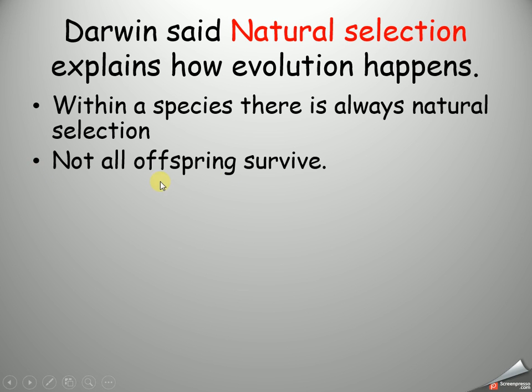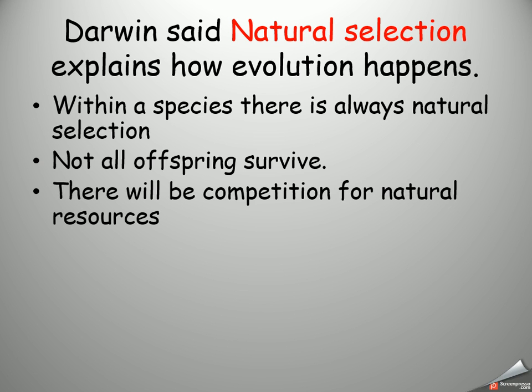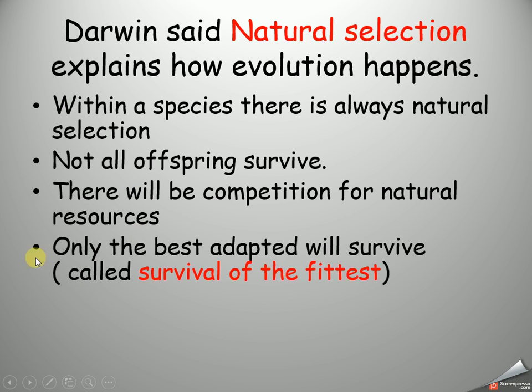And so not all the offspring will survive. Like I said, some will be caught, and some just won't be best suited to survive. And so they're going to be competing, that competition we talked about in B1, in B2 part 1, for natural resources. There'll be competition for natural resources, and so only the best adapted will survive.